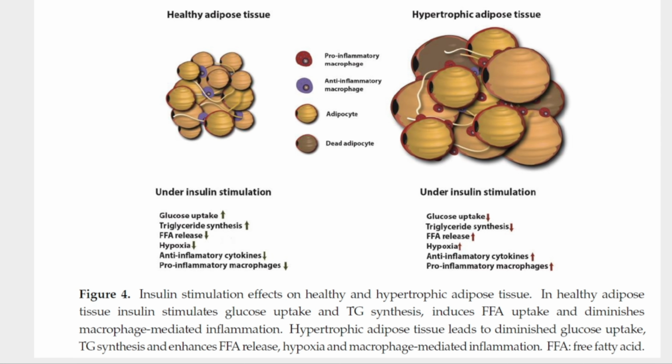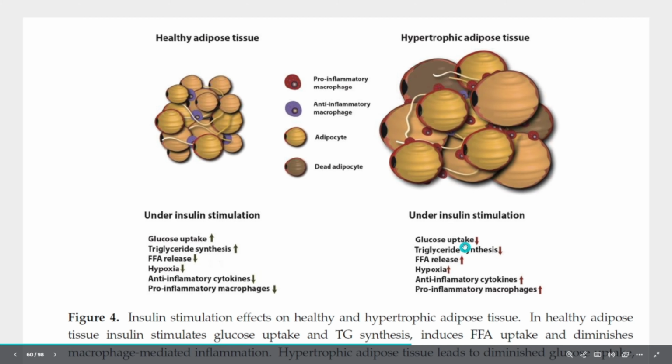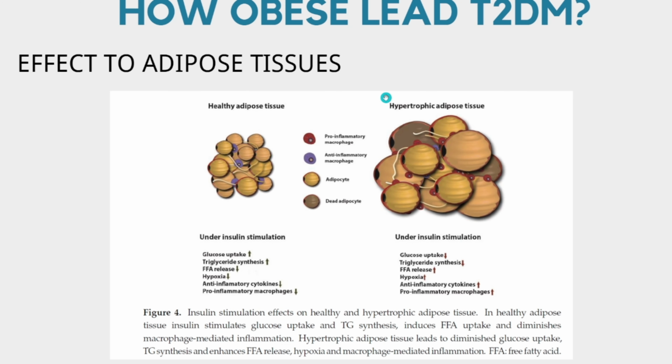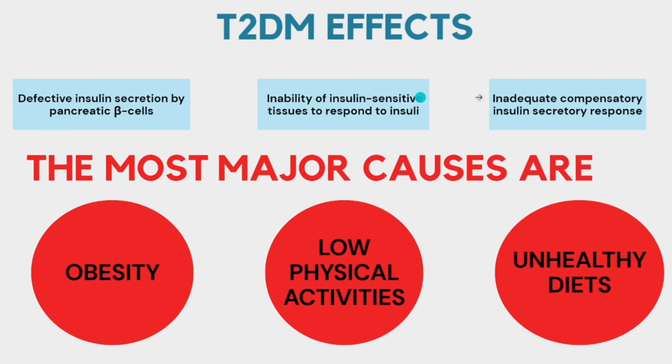So obesity actually is the strongest risk factor for T2DM. It acts as the primary trigger for a complex network of pathological changes that simultaneously cause insulin resistance and beta cell failure. So obesity causes beta cell failure and also insulin resistance directly.